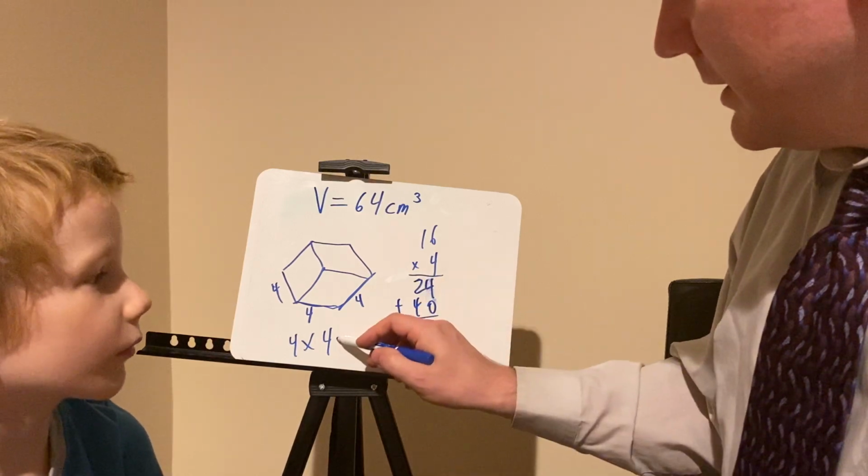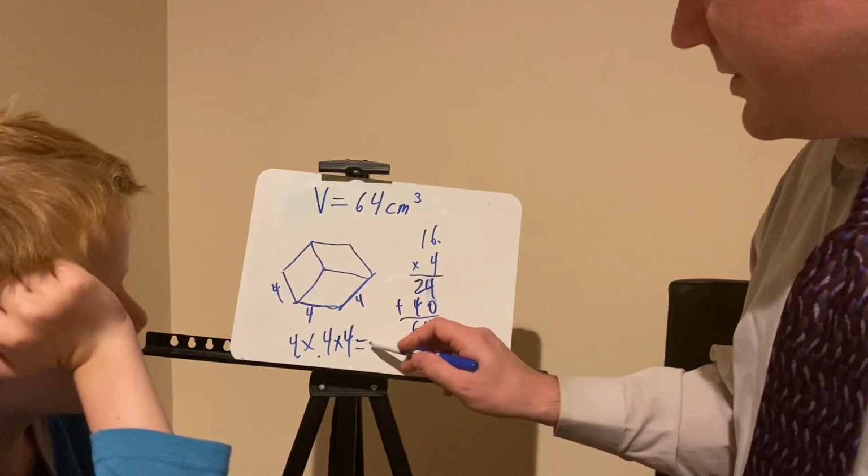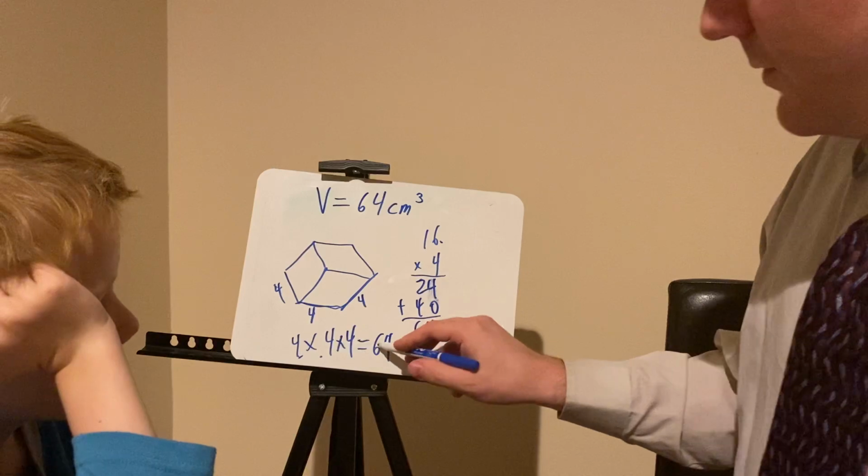All right, so 4 times 4 is 16, 16 times 4 is 64. So 4 times 4 times 4 is 64. In this case, we know that 4 times 4 times 4 is 64.